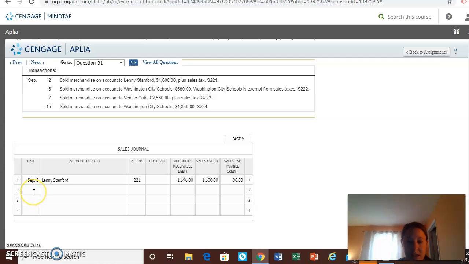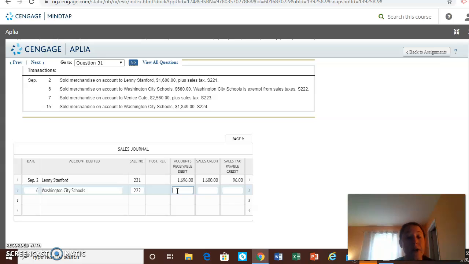Now that's going to be a little bit different for our next transaction, so that's on the 6th, and our customer is Washington City Schools. We're going to put our sales invoice number, so that's 222.